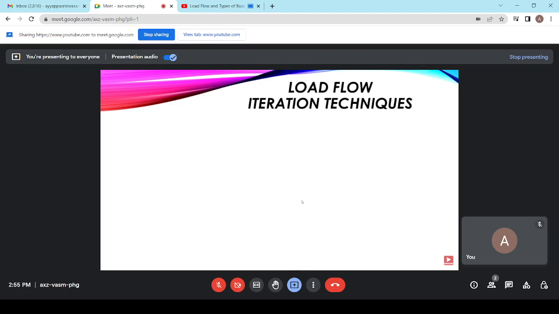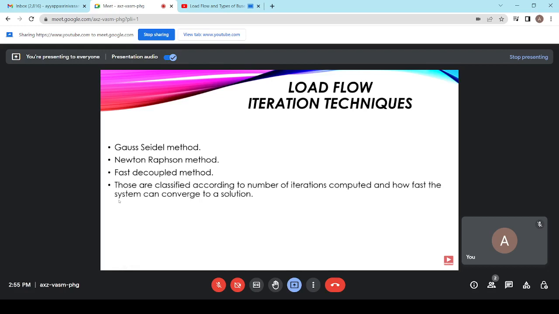What are the different load flow iteration methods inside the ETAB program? Gauss-Seidel method, the Newton-Raphson method, fast decoupled methods. All of these methods are classified according to number of iterations performed by the program, how fast the system can converge to a solution.